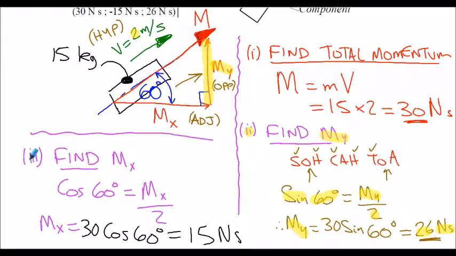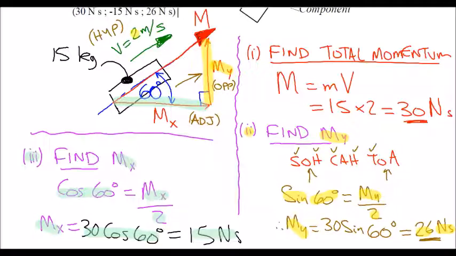Step 3, we now calculate the mx component. Again, from basic trig, that's the cos function, so cos of 60 degrees is mx divided by 2, and again rearranging for mx, the component of momentum in the x direction is 30 multiplied by the cos of 60 degrees. That's 15 newton seconds, and that's shown in this sense from left to right.